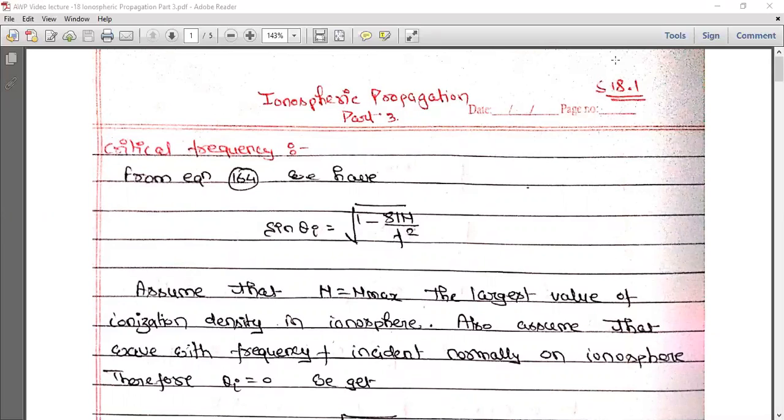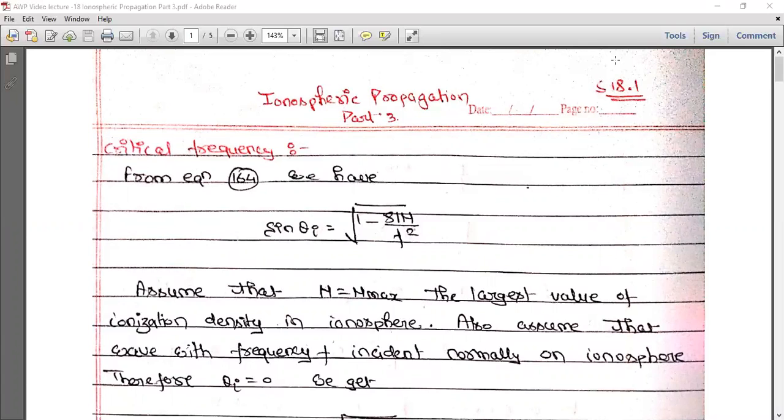That means the free electron charge density just below the lower edge of the ionosphere is zero. And using equation number 161, for this particular region, we derived that the relative permittivity of this medium just below the ionosphere has the value 1.